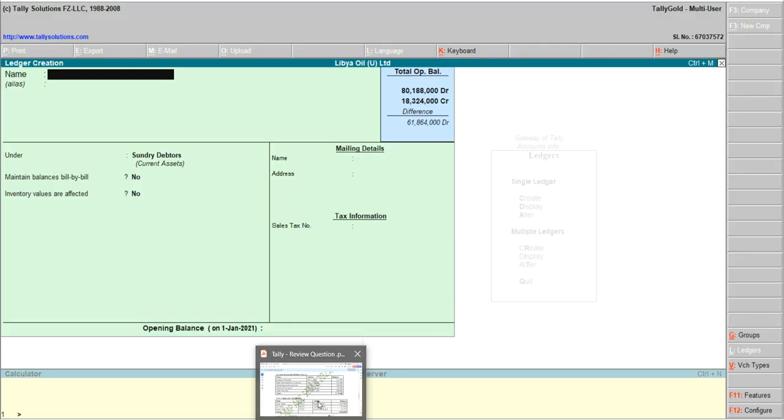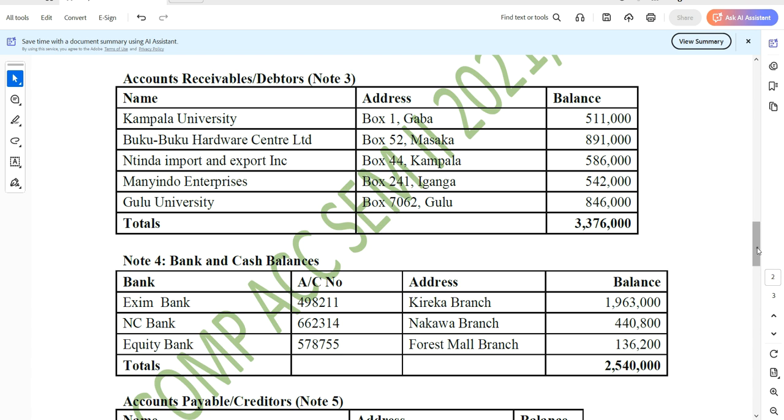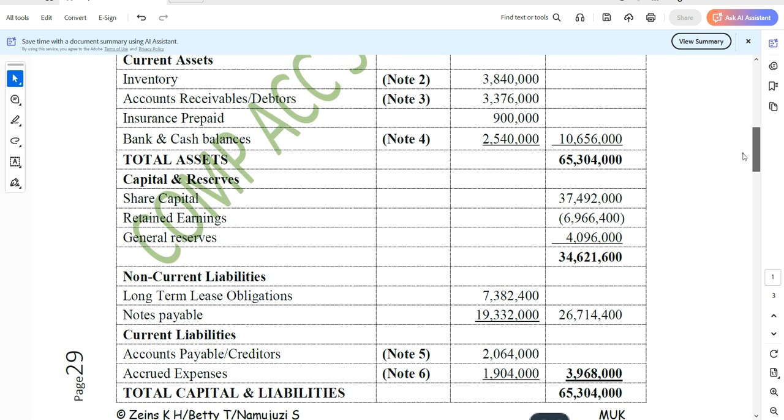So those are your debtors. You've created an account for each one. Now we go back to our balance sheet and see the next key item.